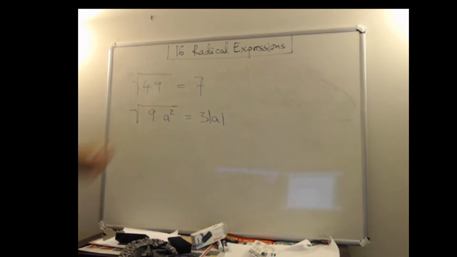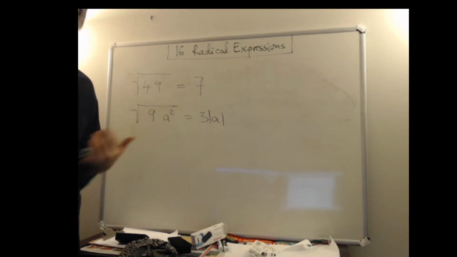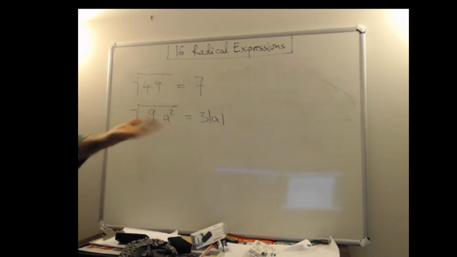So you just put an absolute value on a, and you're perfectly fine. Okay? So when you multiply the absolute value of a times the absolute value of a, that's just going to be a squared. You can try it yourself with any number you like. You will see that's going to happen. The absolute value of a times the absolute value of a is just a squared. Because a squared is always positive, so the absolute value is not anymore needed. Okay?